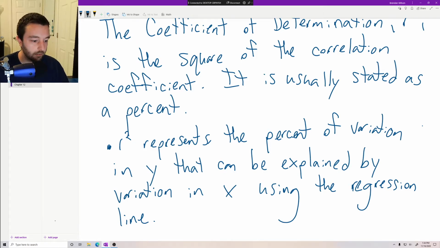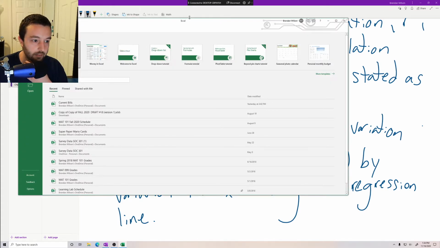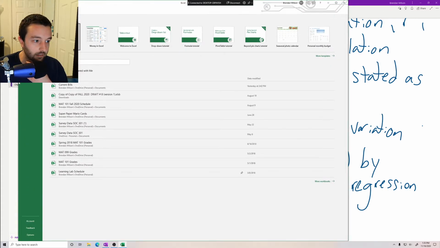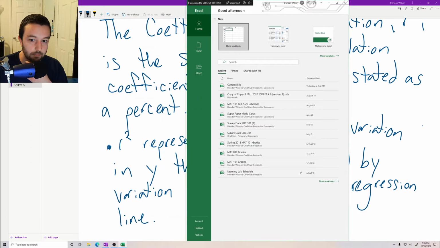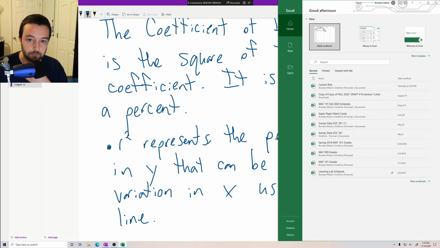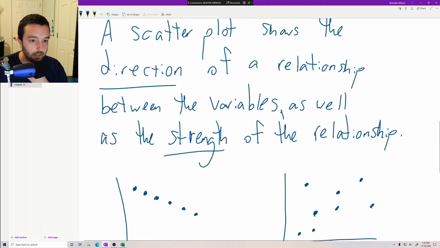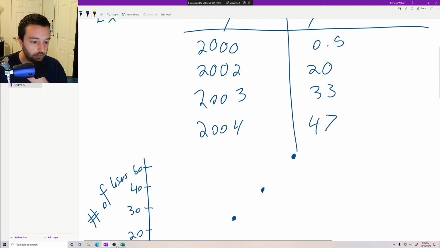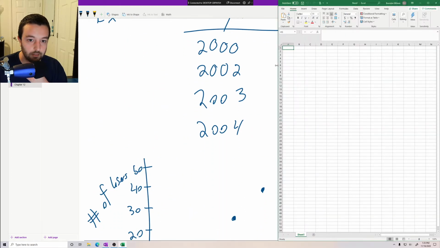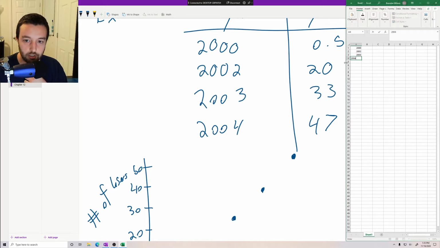So if we think about, for example, the data we were using last time, I didn't save a copy of it. Let me see, do we still have it? Yeah, we're using this data. We did 2000, 2002, and we only need the correlation coefficient this time.